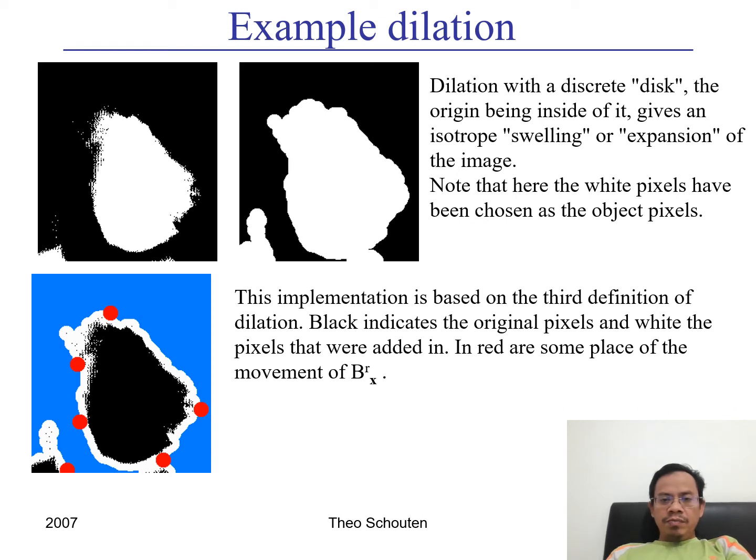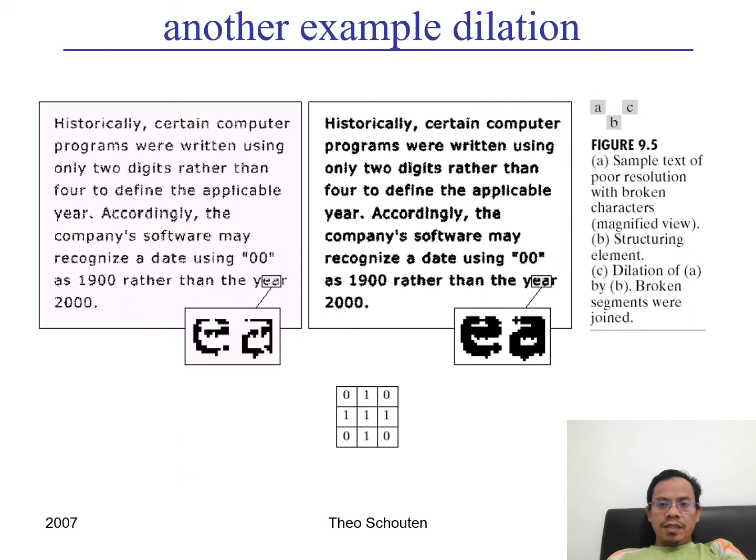This implementation is based on the third definition of dilation. Black indicates the original pixels, and white the pixels that are added. In red are some places of the movement of B reflected X. So this is another example of dilation.